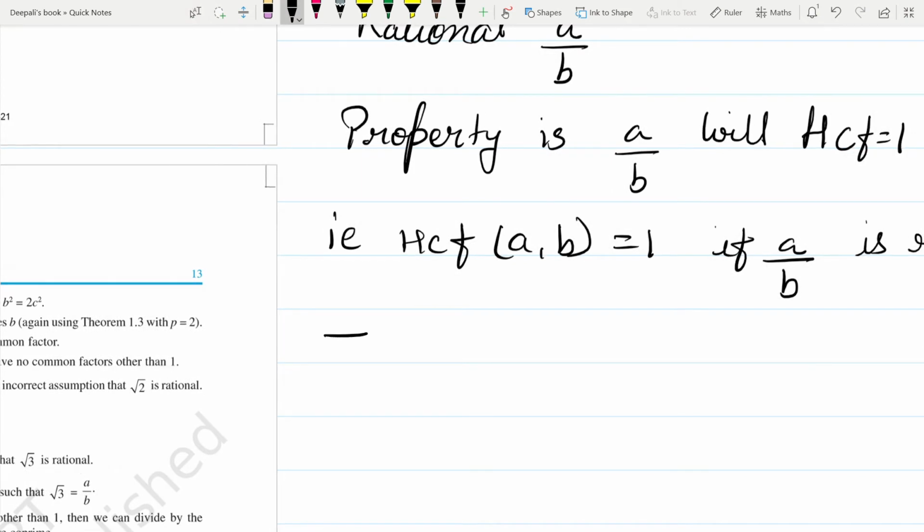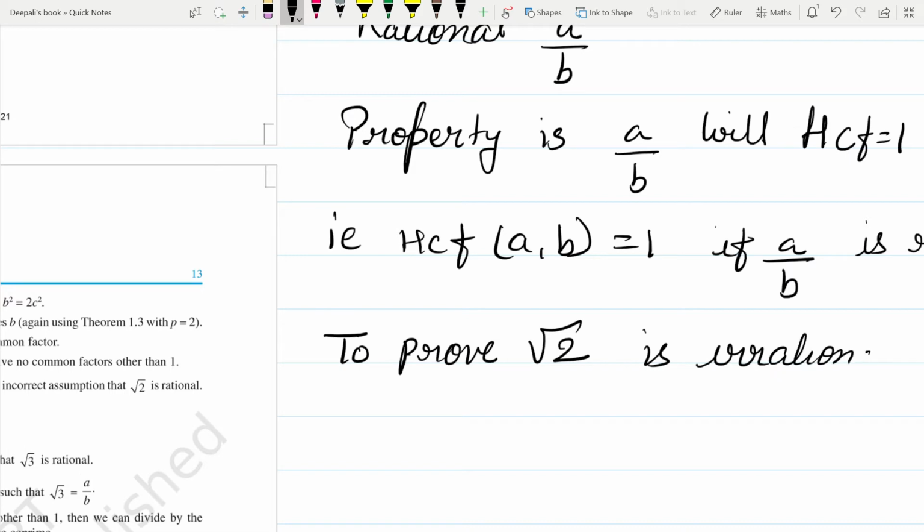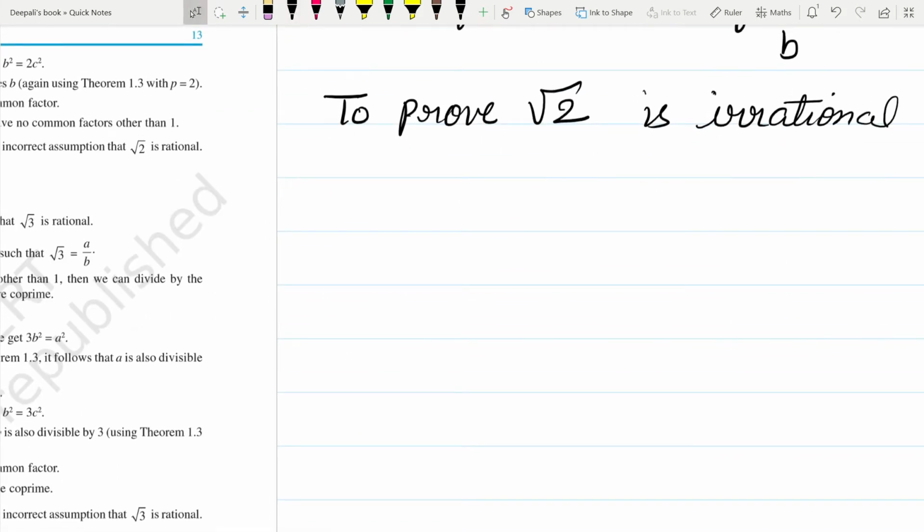Now, to prove root 2 is irrational, we will suppose root 2 is rational.